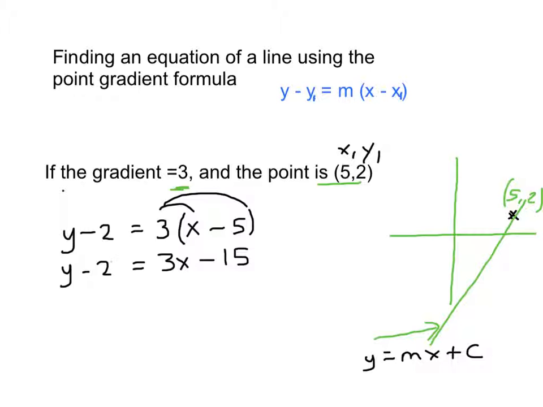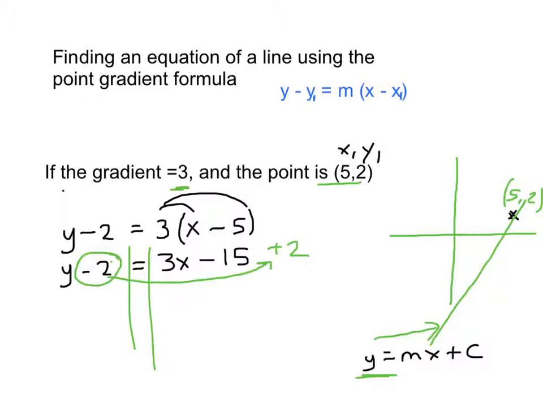I also want to get rid of minus 2 on this side of the equation, so I just have it like the bottom, y equals. When this goes over the other side, changing the side, we change the sign. So this becomes plus 2 on the other side of the equals sign.